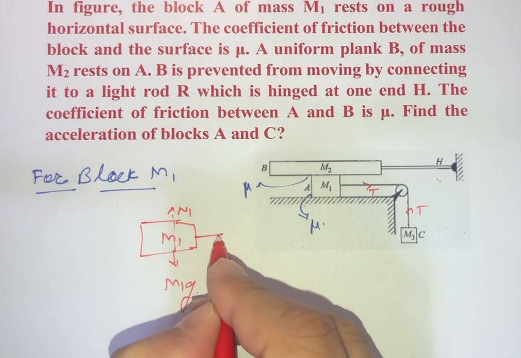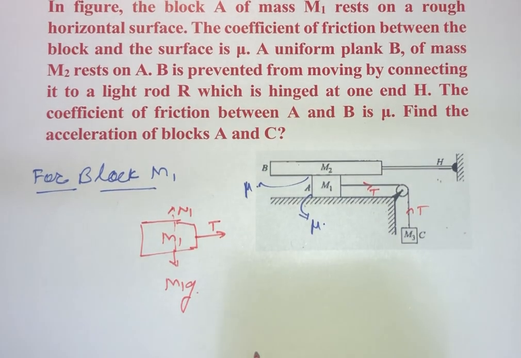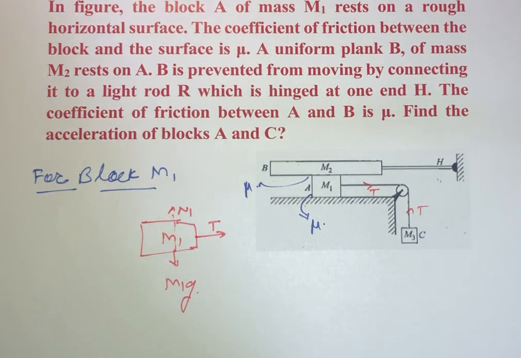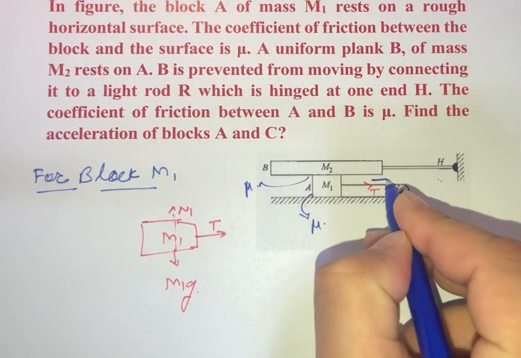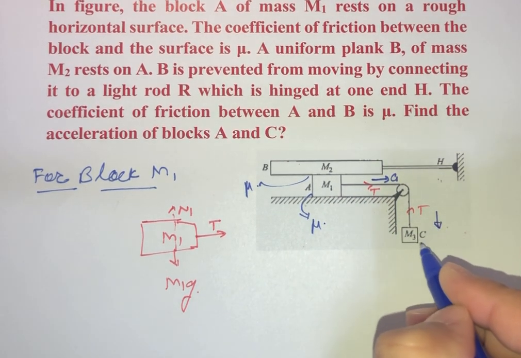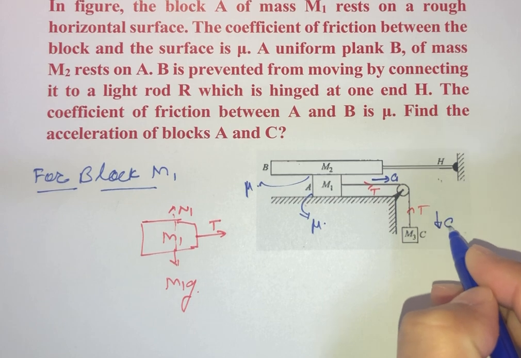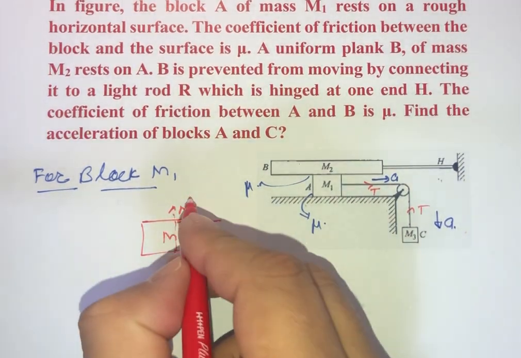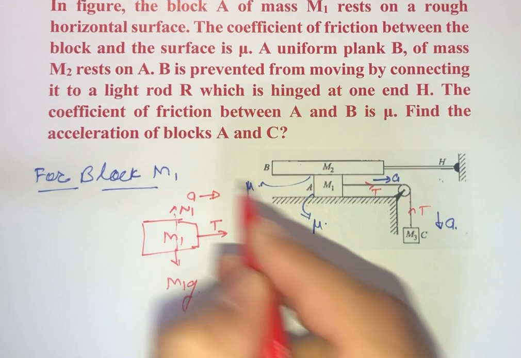There will be tension T, and we assume that M1 moves in this direction with the acceleration A and C moves, that is M3 moves in the downward direction with the acceleration A.